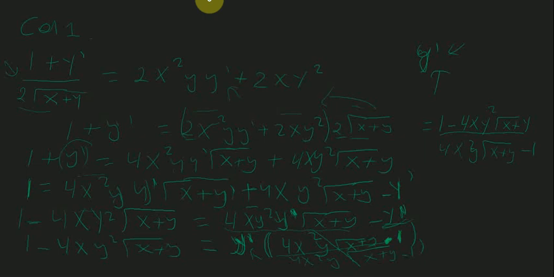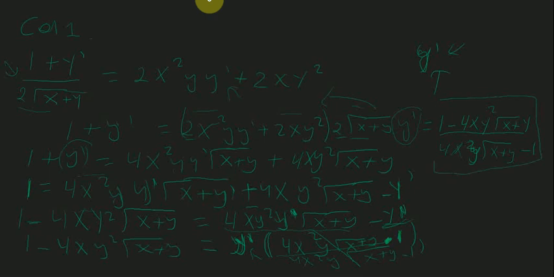We divide by the same thing on the other side, so they cancel each other. Now y prime is standing alone. There's nothing you can change in this expression, so you can leave it like that.